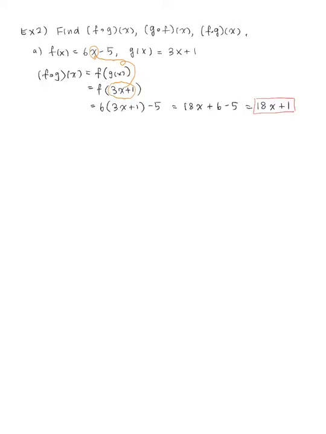Okay, now let's look at g of f of x. Next step, we need to replace our f of x with the given function. So g of f of x is defined by 6x minus 5.